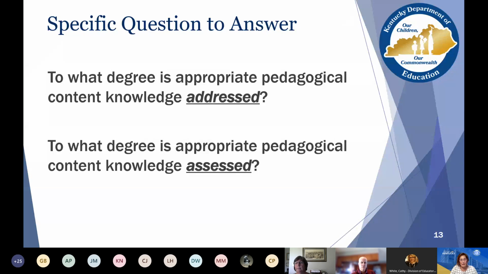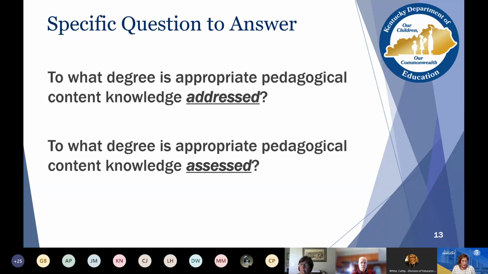The second question talks about assessment. To what degree is the appropriate pedagogical content assessed? Were there accompanying rubrics that aligned with the demonstration of the knowledge of pedagogy for the candidates? Were there examples in the clinical experiences that allowed the candidates? So again, this is pedagogy. It's not the standards, but it's the pedagogy to teach and use within the SPA content area.